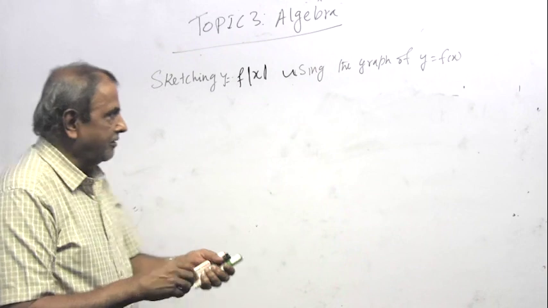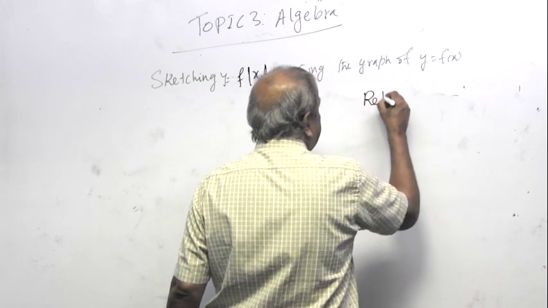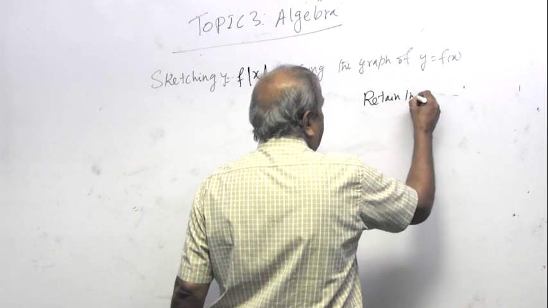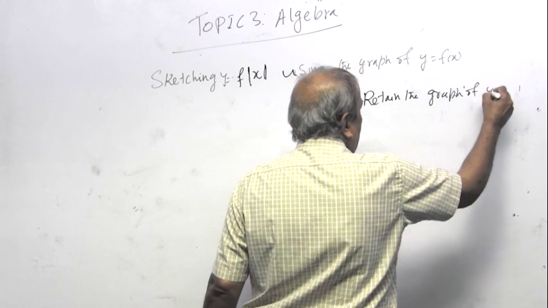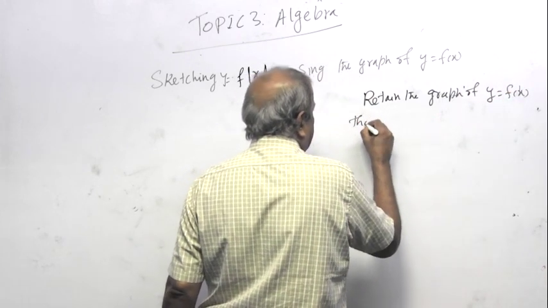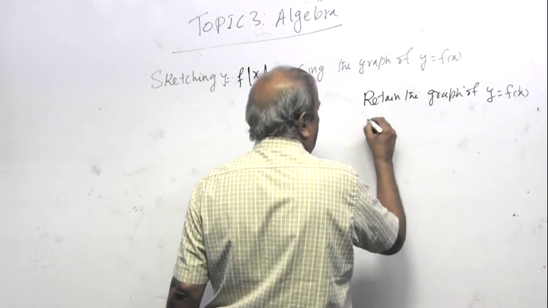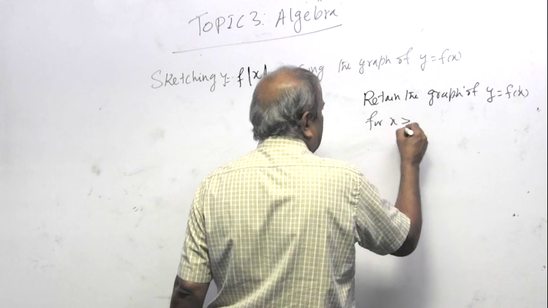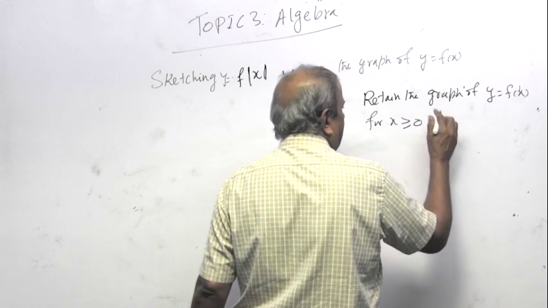That's why, very simple. So the rules will be: retain the graph of y equal to f of x, that is, for x greater than or equal to 0, as it is.